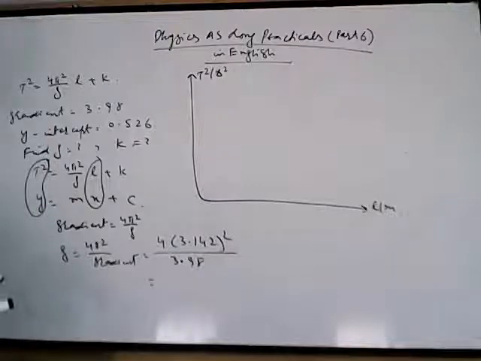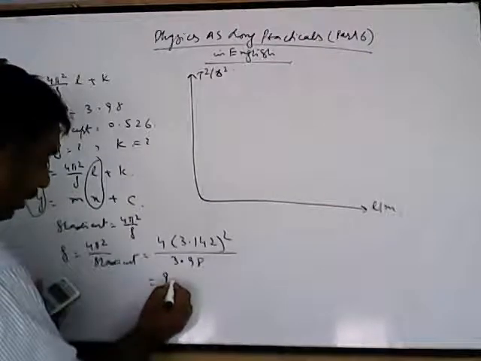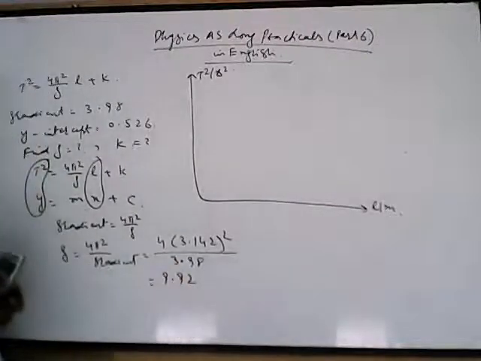It is 4 into pi square divided by 3.98. The value is coming to be 9.90. Right, 9.92. Now what about the units?